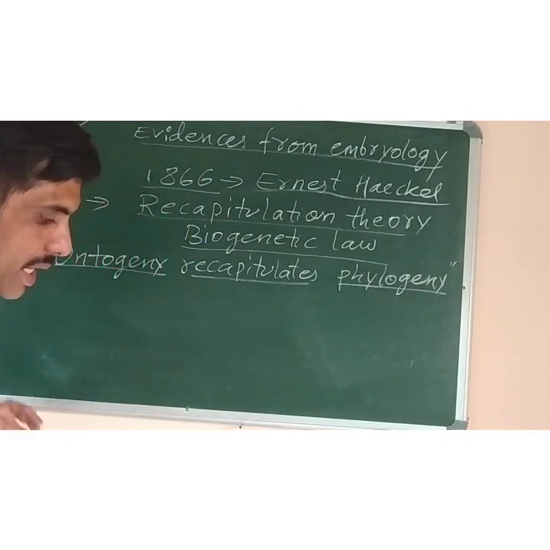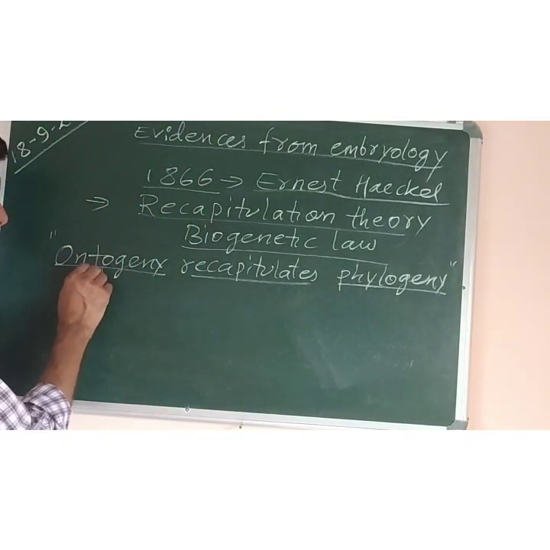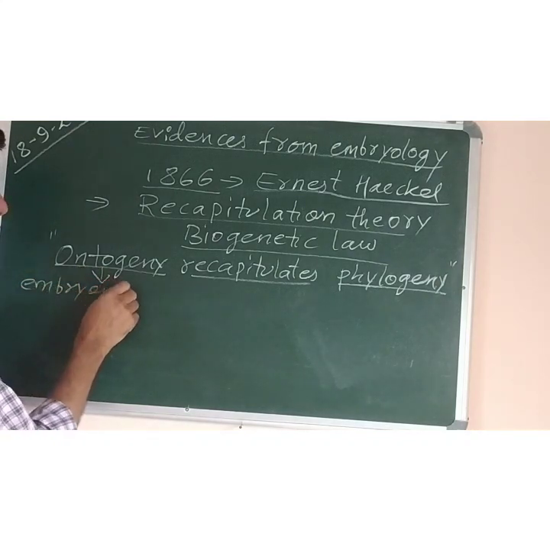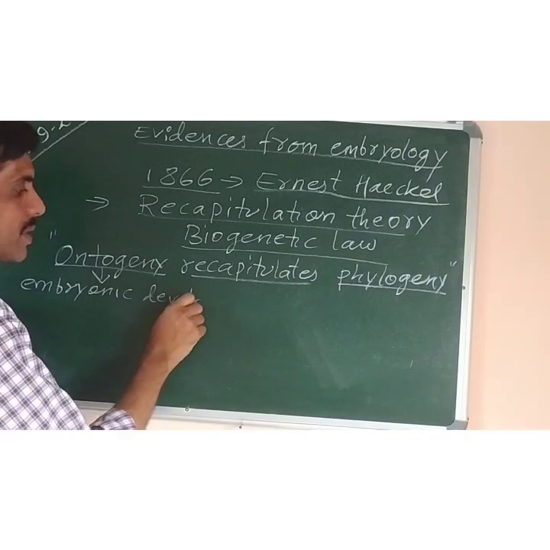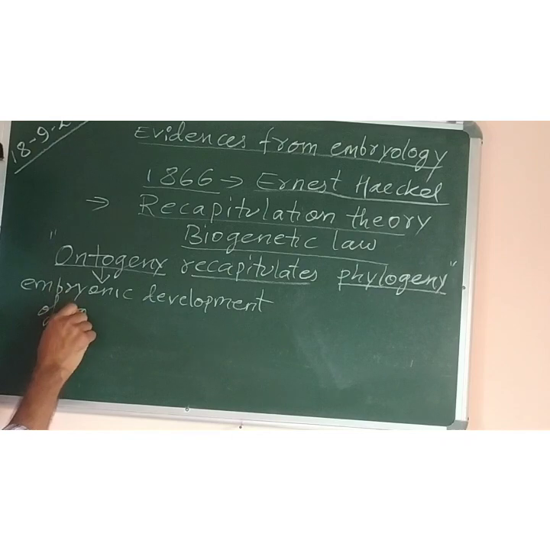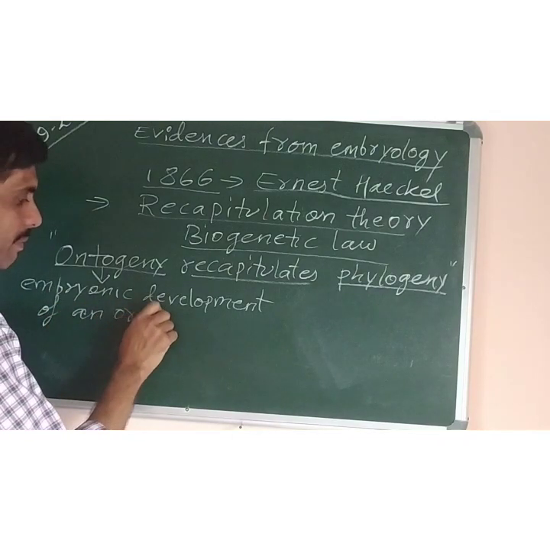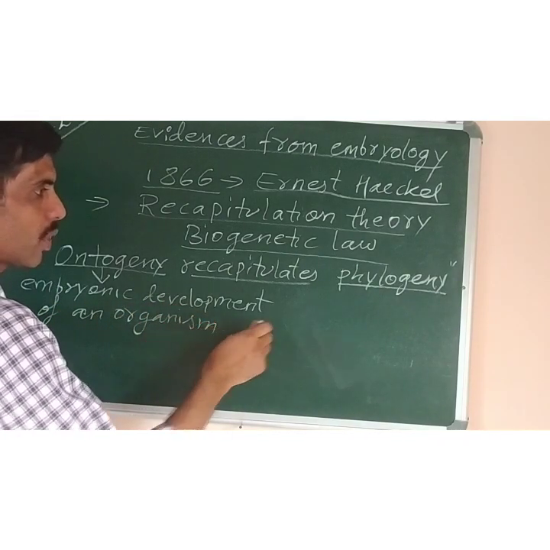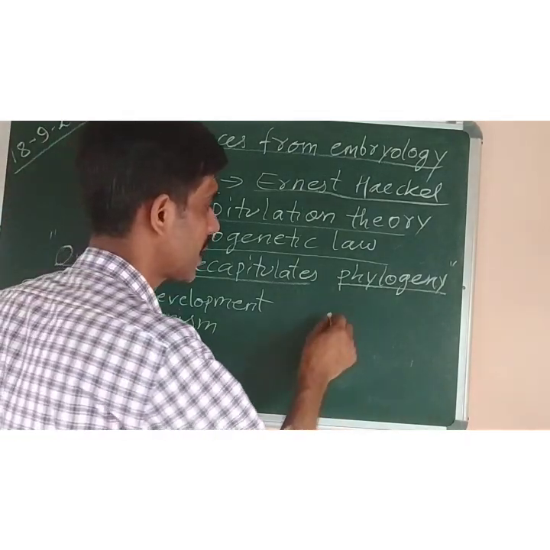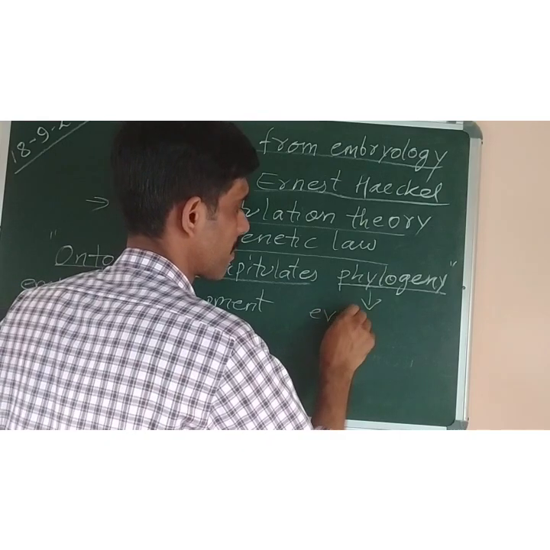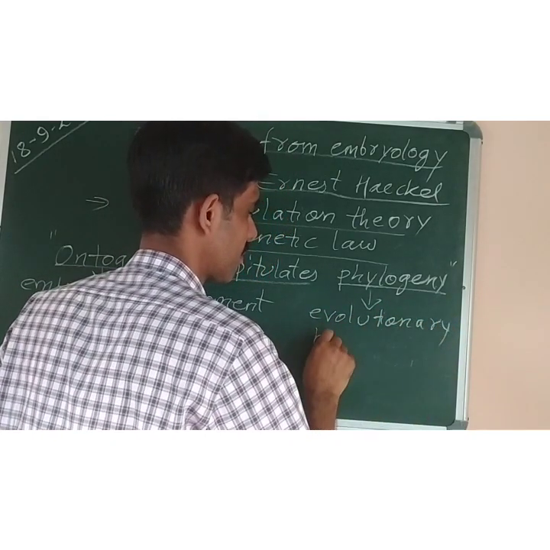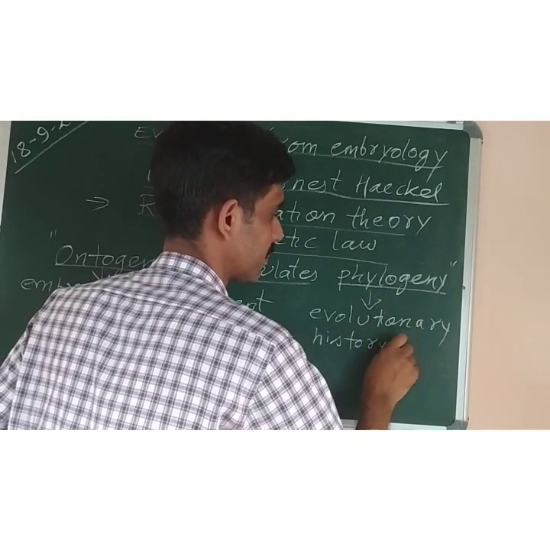Ontogeny stands for the embryonic development of an organism. What is the meaning of phylogeny? Phylogeny means the evolutionary history of the race.